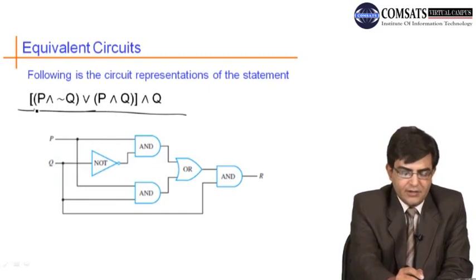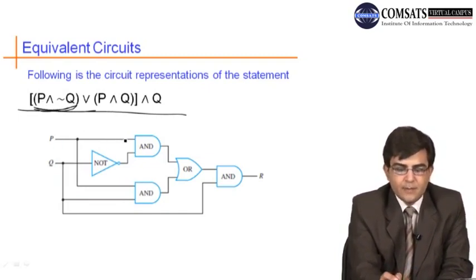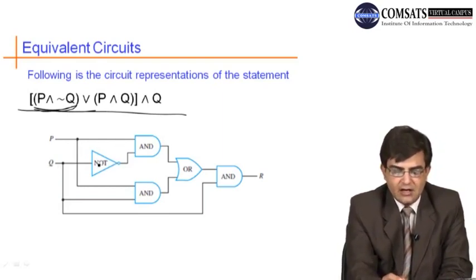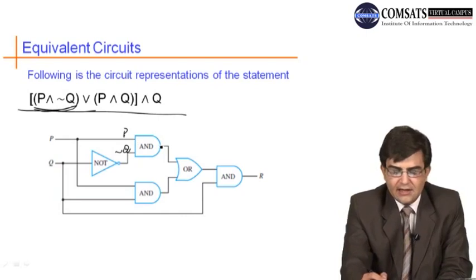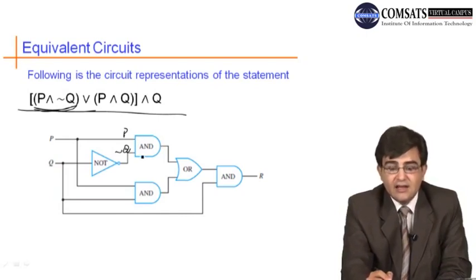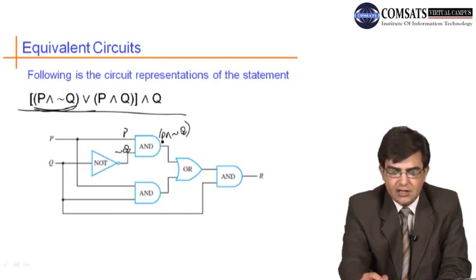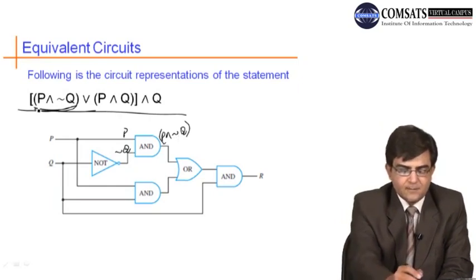For example, here we have P and not Q, so first we draw a line which corresponds to P, and Q, and here we construct a NOT gate, and then this line goes to AND. Now this represents P, here we have not Q. So we construct an AND gate here which gives us P and not Q. So we have solved the first bracket here.